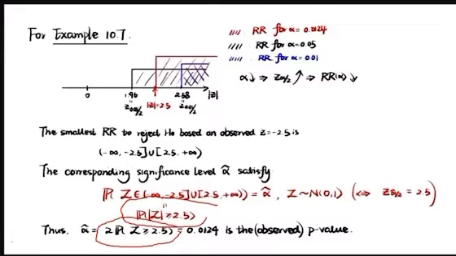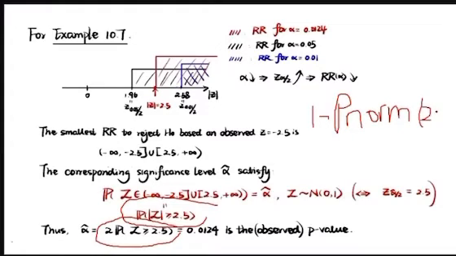But if you want to use R, that is going to be 1 minus pnorm of 2.5.